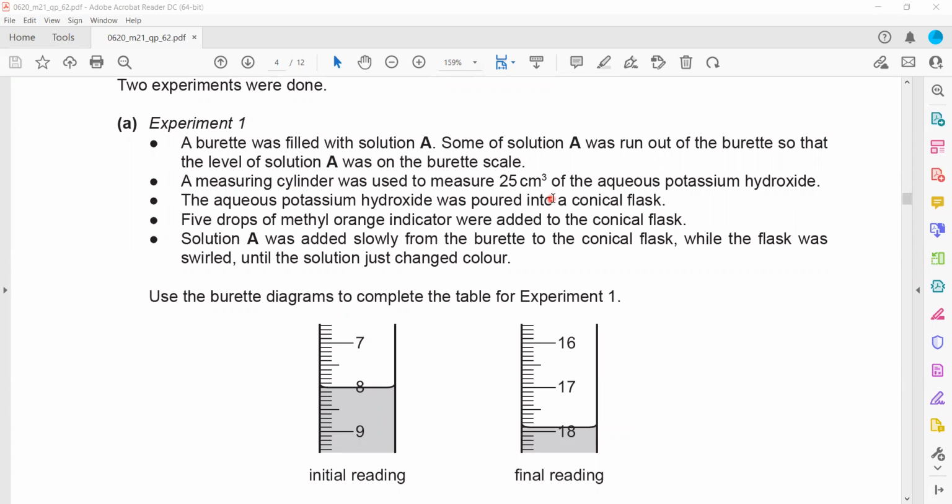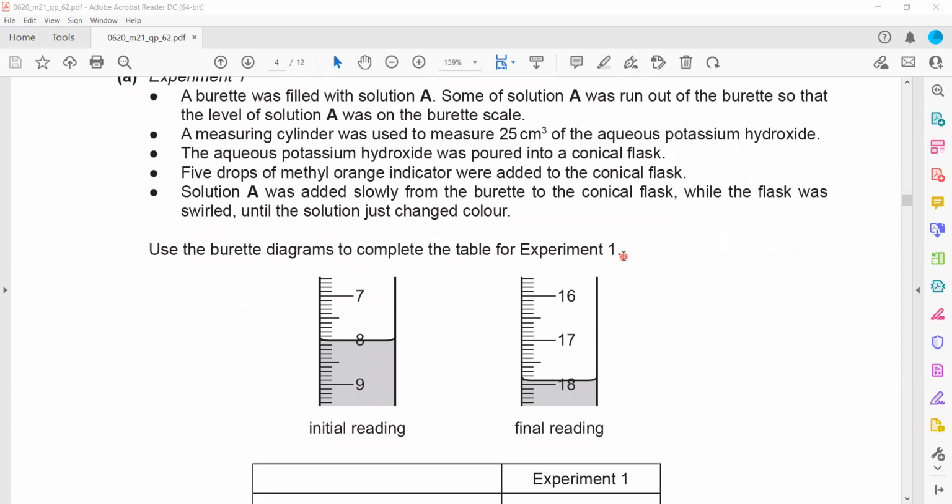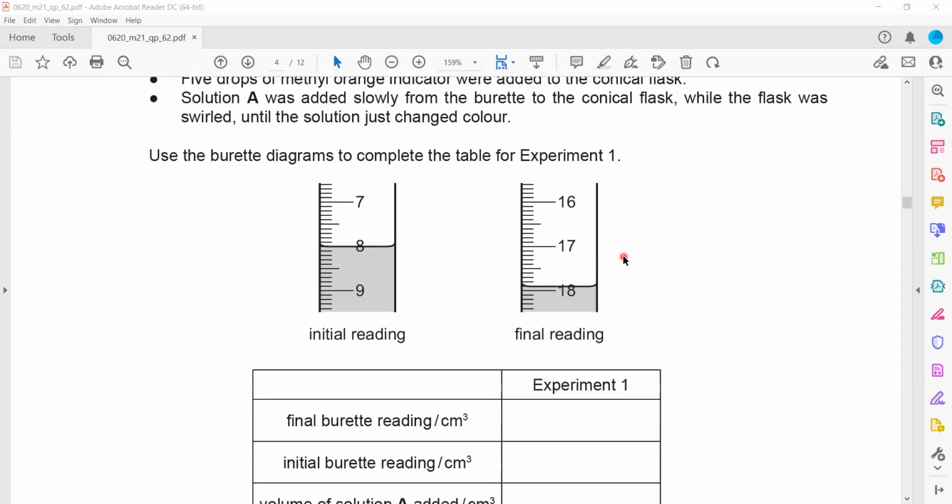Using a measuring cylinder, 25 cm cube of potassium hydroxide is used. The aqueous potassium hydroxide is poured into a conical flask, and then we add drops of methyl orange indicator. Solution A was added slowly from the burette to the conical flask, while the flask was swirled until the solution changes color.